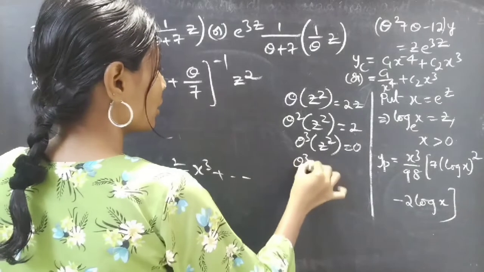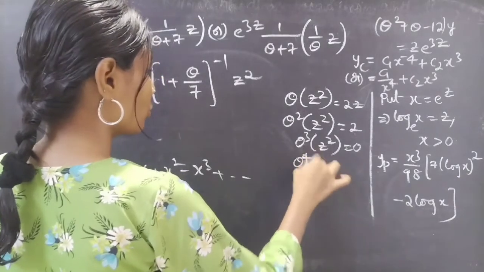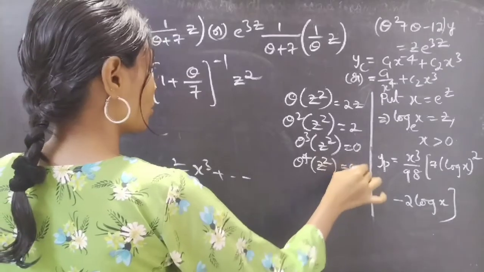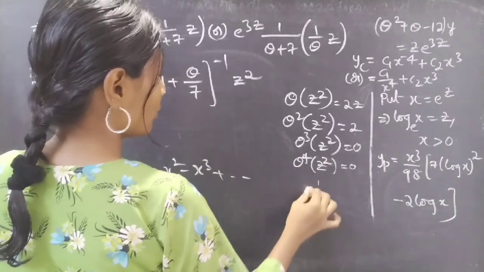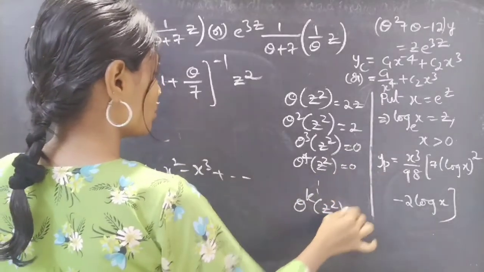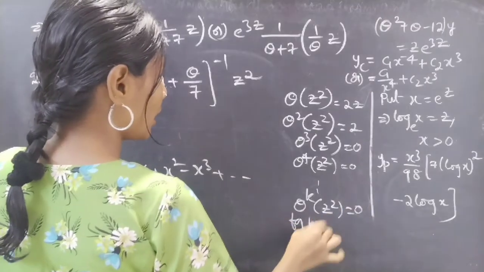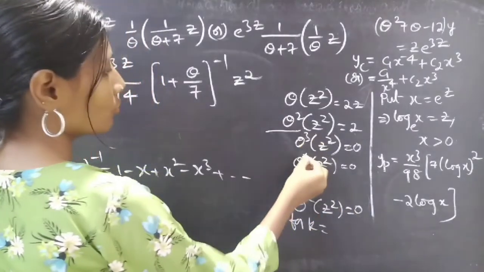Likewise, theta power 4 of z square is 0 and so on. In general, theta power k of z square is 0 for k equal to 3, 4 and so on.